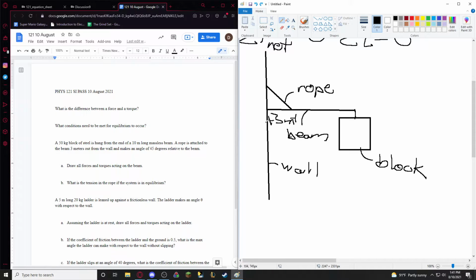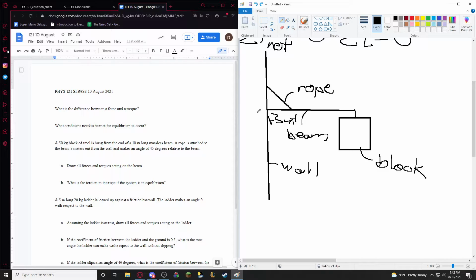There's going to be a normal force. What direction would the normal force between the beam and the wall be? Should be just left, correct? On the beam, so the wall is pulling on the beam. Should it be towards the beam?